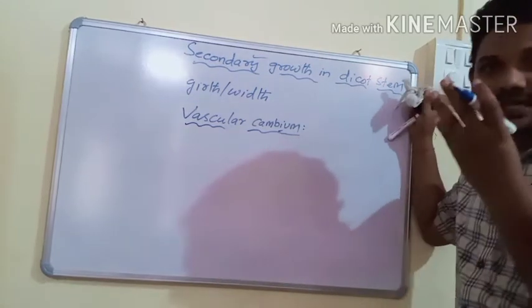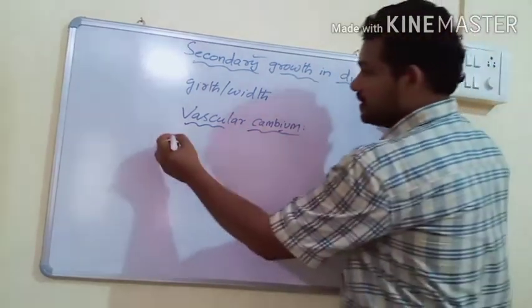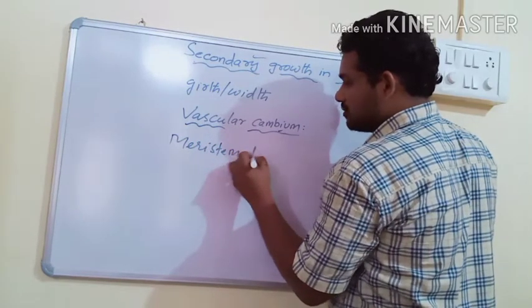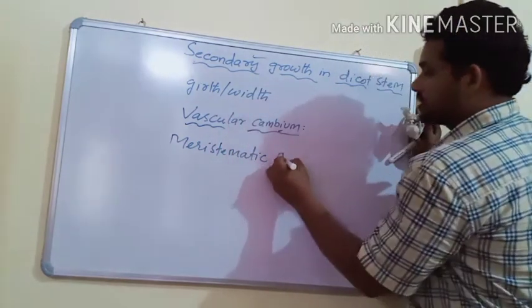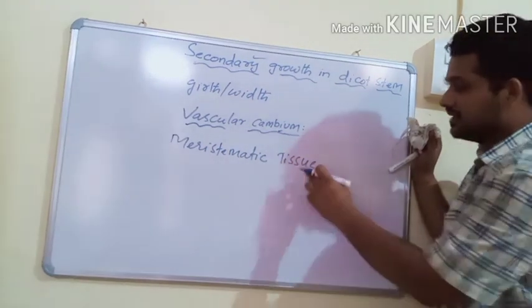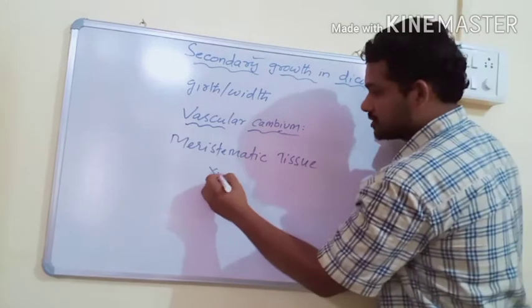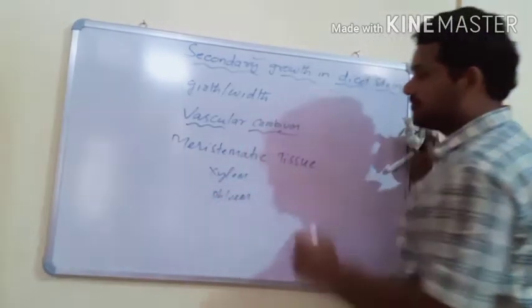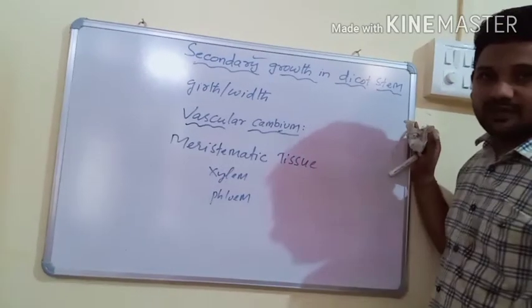It is a meristematic tissue that is responsible for cutting off both xylem and phloem. A meristematic tissue which cuts off xylem and phloem is known as vascular cambium.